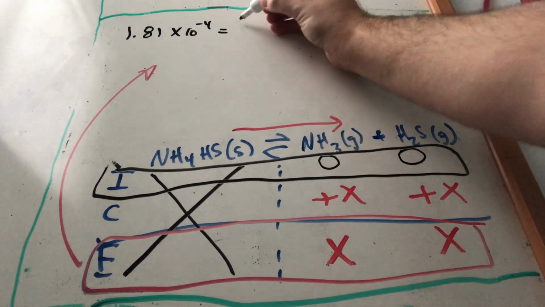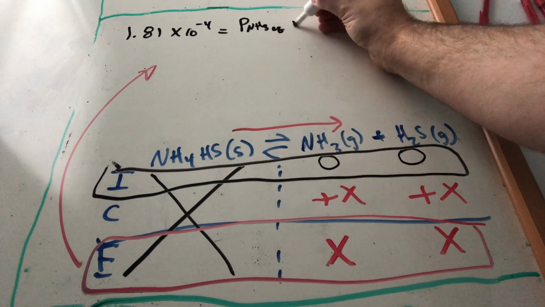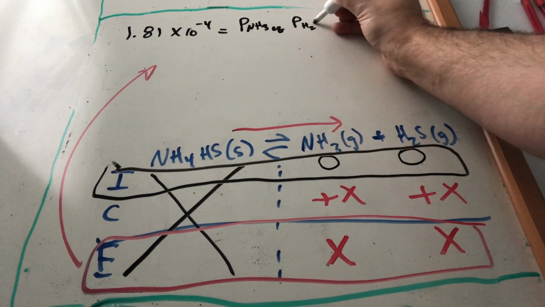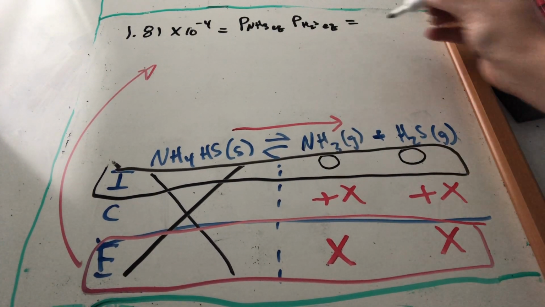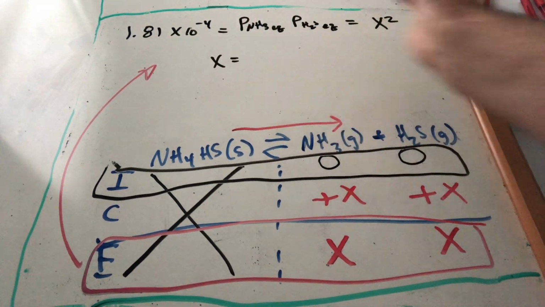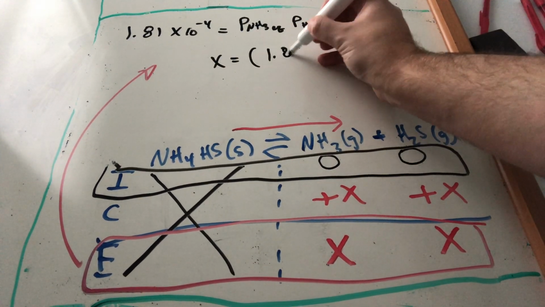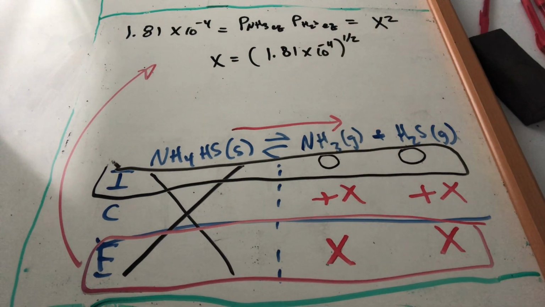So this is going to be the pressure of NH3 at equilibrium times the pressure of H2S at equilibrium, based off of what we know from previous videos. Well, this looks like an X, and this looks like an X, so this looks like X squared. And so real simply, X is 1.81 times 10 to the minus 4 to the 1/2. Or we square root 1.81 times 10 to the minus 4 to get what X is equal to.